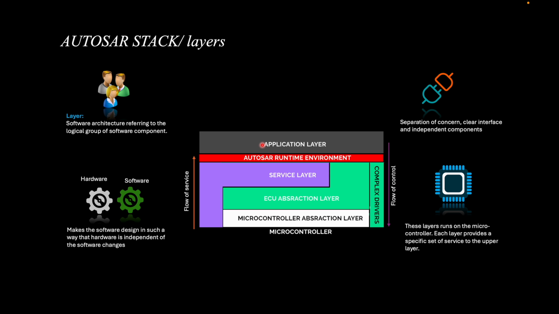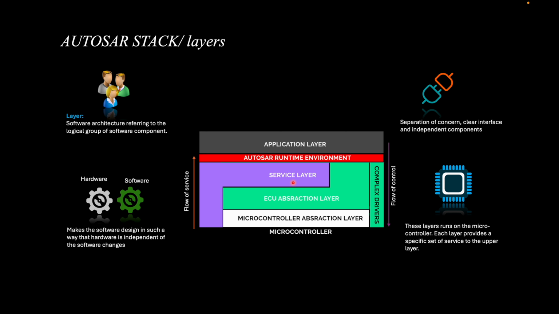So I can update my software anytime, and there is a good amount of software that is dealing with these changes, so that you don't need to change your hardware. Because of that, a change in the application layer will not demand a change in the hardware. So it is totally safe to update anything on the application layer, and you can use it with the same hardware.